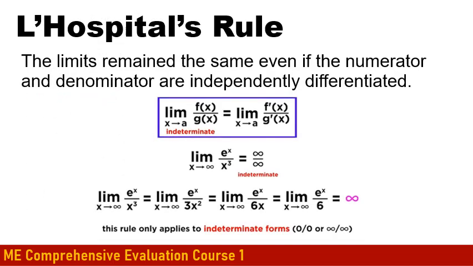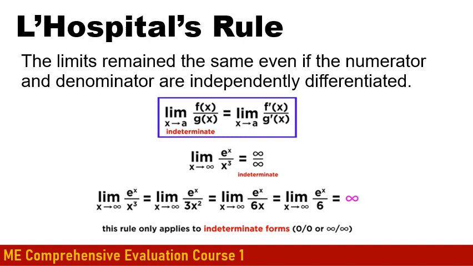So the L'Hospital's rule states that the limits remain the same even if the numerator and the denominator are independently differentiated. So if you're going to differentiate the numerator and denominator, the value of the limit would still remain the same. And we can use that rule in order to determine the limit of given functions by differentiating both the numerator and the denominator.